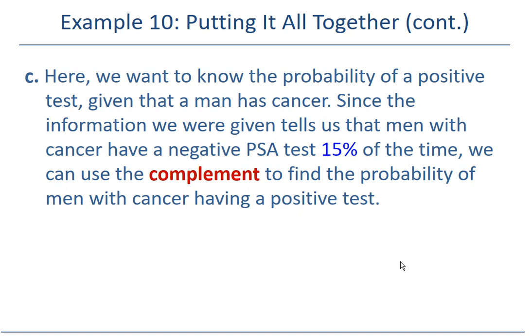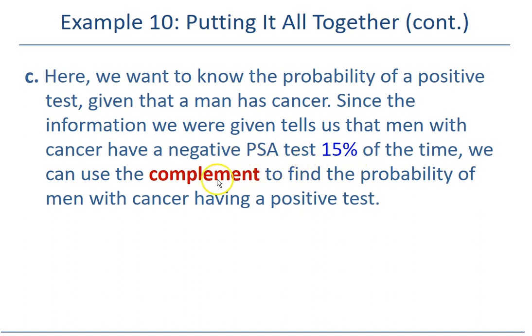Now for part C, we want to know the probability of a positive test given a man that has cancer. So our conditional group is those that have prostate cancer. Well, we said it was 15% of the time that they don't have a positive PSA test. That is, they would have a negative PSA test.